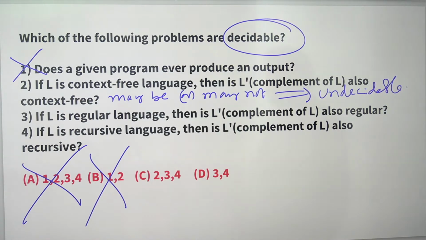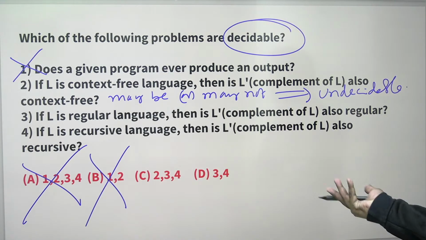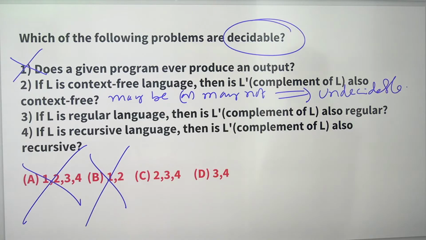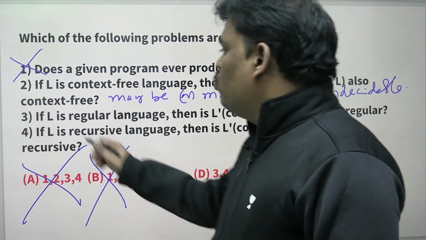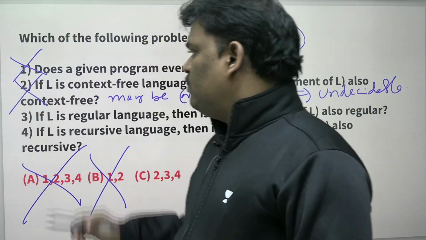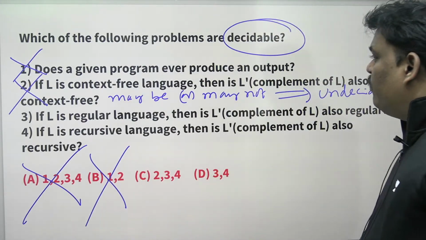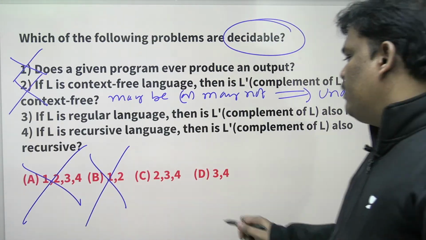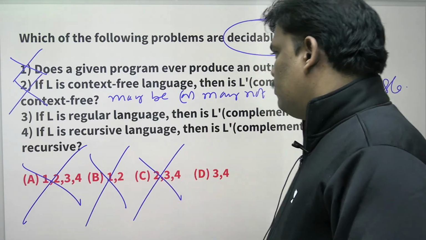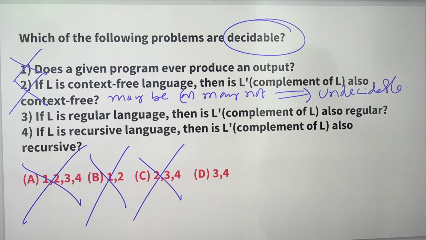If L is context-free, then L complement may be a CFG or may not be a CFG. Maybe, may not means undecidable. So two is also undecidable. He is asking decidable, so wherever two is there, remove it.